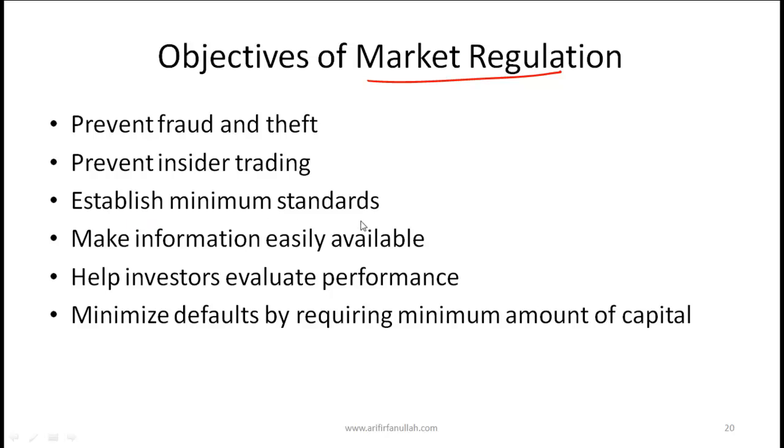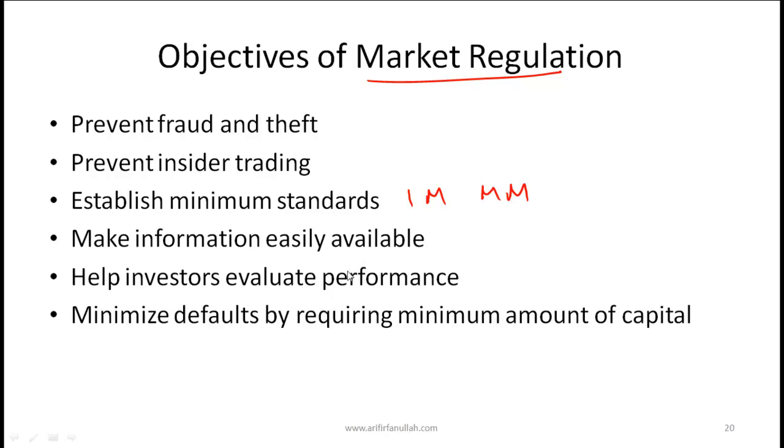Establish minimum standards. So there are minimum standards that must be upheld. A classic example would be that there would be standards set for, say, initial margin and maintenance margin. So this helps ensure that there are no defaults. You want to make information as easily available as possible.